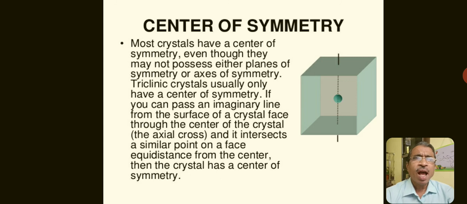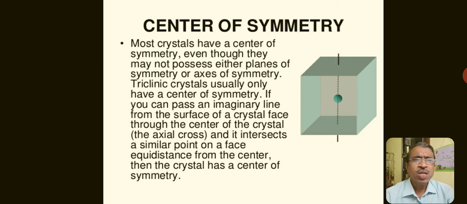Most crystals have a center of symmetry, even though they may not possess either planes of symmetry or axis of symmetry. Triclinic crystals usually only have a center of symmetry.